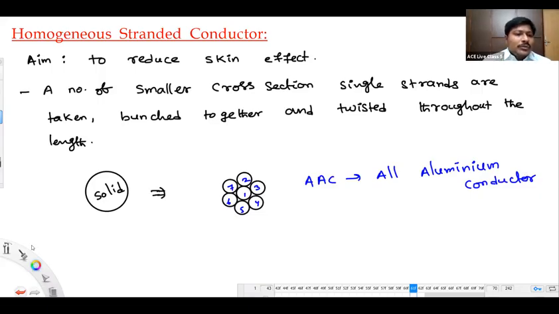Let me show you the practical view of this conductor first. Later on, we'll discuss some other things about it. I'm moving to the next slide.